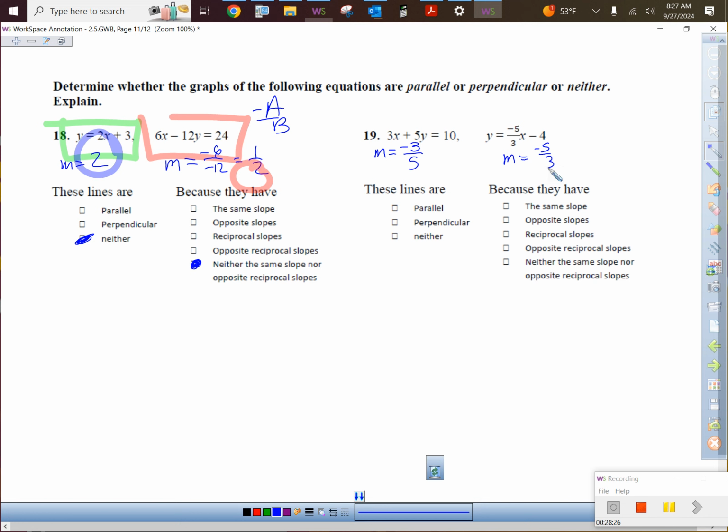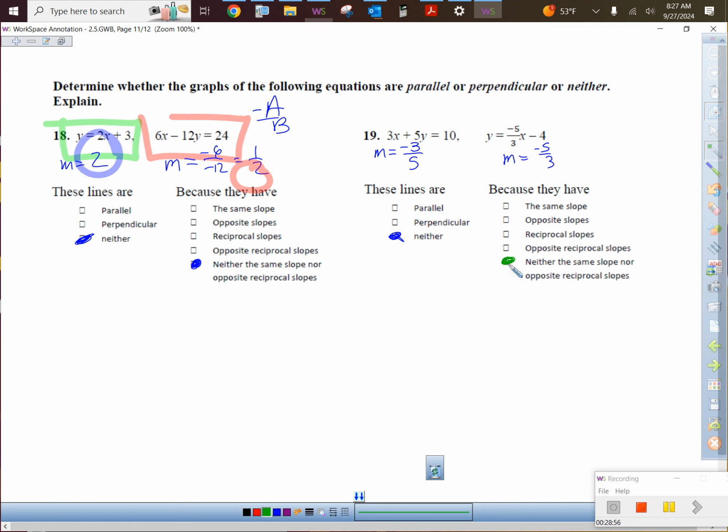Are they opposite reciprocals? They're both negative, right? So that can't happen. Are you with me? One of them has to be negative. The other one has to be positive for them to be opposites of each other, even though they are reciprocals. So this is also a neither, because they have neither the same slope nor opposite reciprocal slopes.